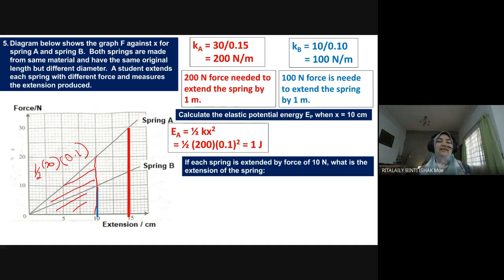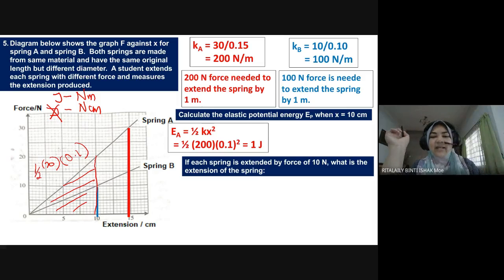If you don't want to use joule, your calculation can come up with Newton cm. If it's in joule, you have to convert cm to meter. I repeat, if you want to use joule, the unit should be Newton meter. But if your unit is Newton cm, you cannot use joule. Can?